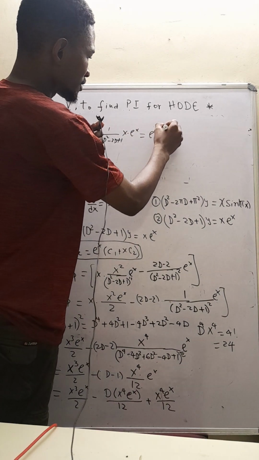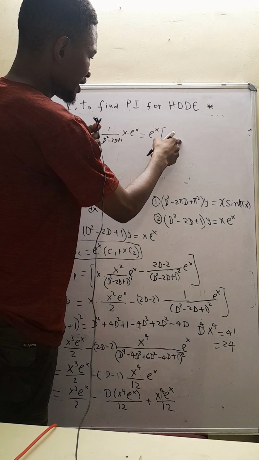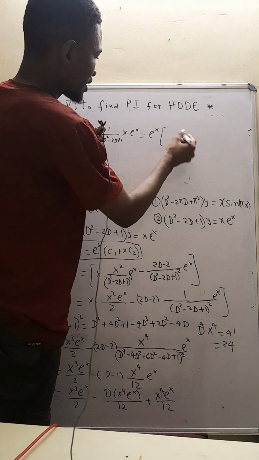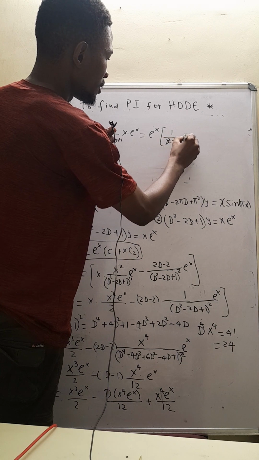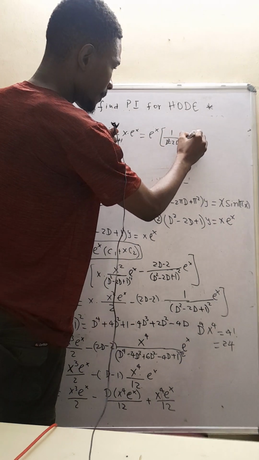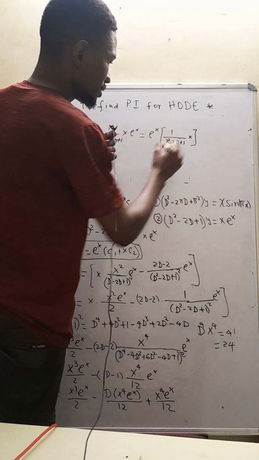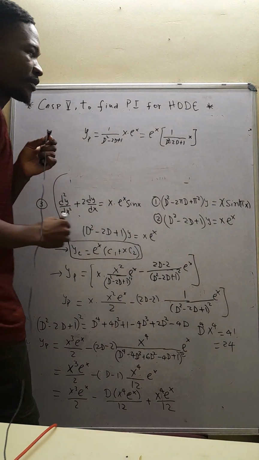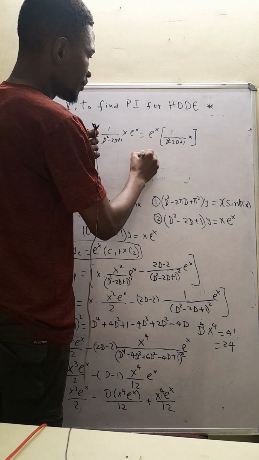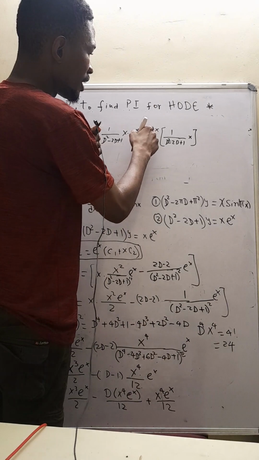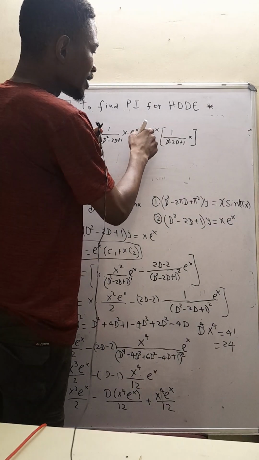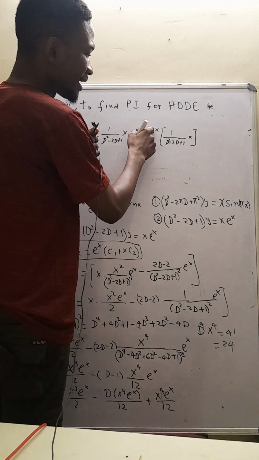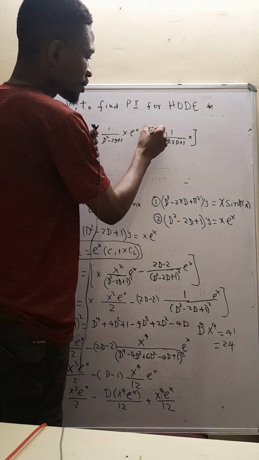Euler raised to x, and then this one must be the function. This will be considered as g of x. So we will get this one, d squared minus 2d plus 1, okay? Then x, just like this. For this case, we know what we have to do. Where you find d, you have to put the coefficient of this x, that is 1.